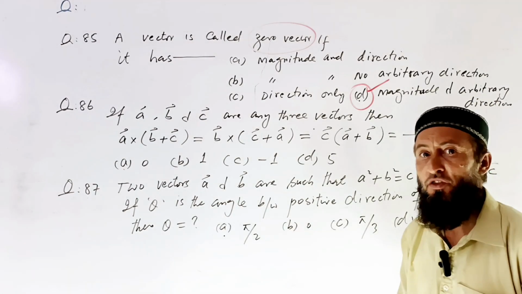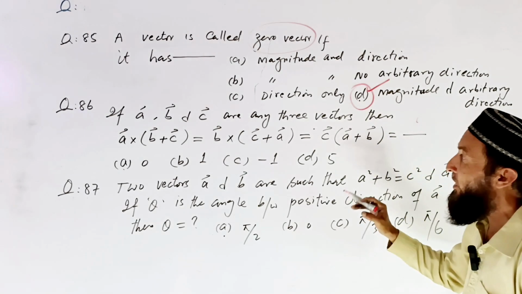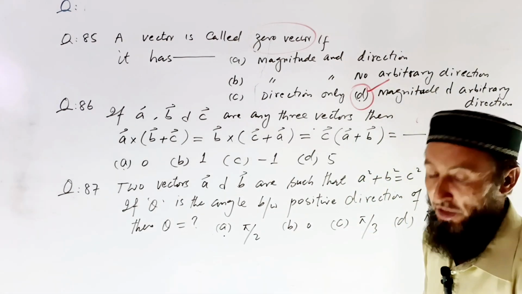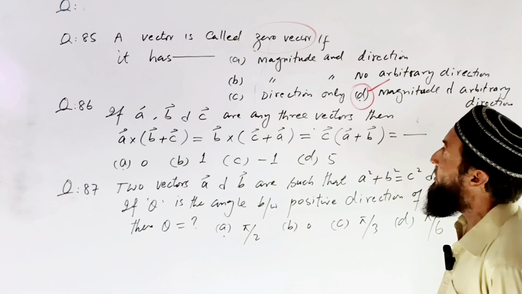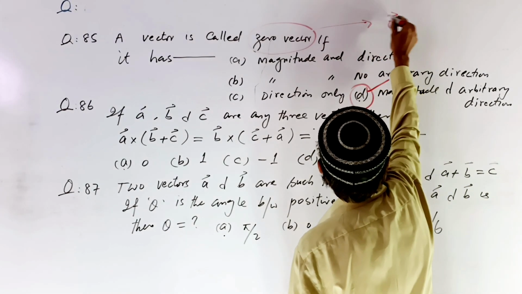Arbitrary direction means the vector can make any angle in any direction. So we can draw it, and here it must be represented by the zero vector.